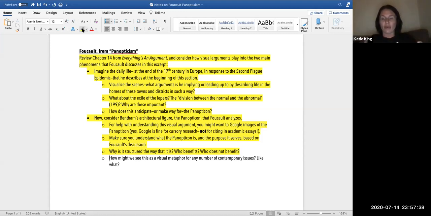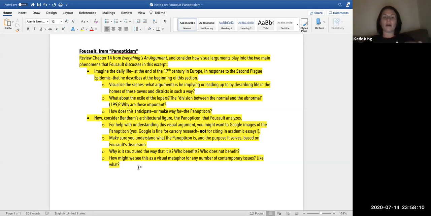What's it an argument for? Are there different panopticons that exist perhaps today? And what are they? And where do we see them? And again, who are the seen? Who are the ones who are not seen? If we think about this in terms of power dynamics, who has power, who does not? And why is that? What purpose does it serve? What function does it serve?